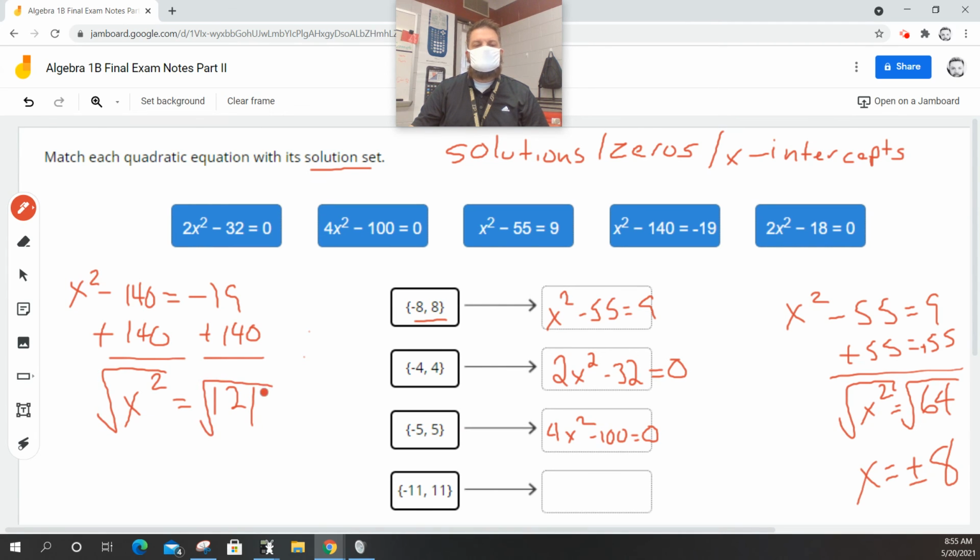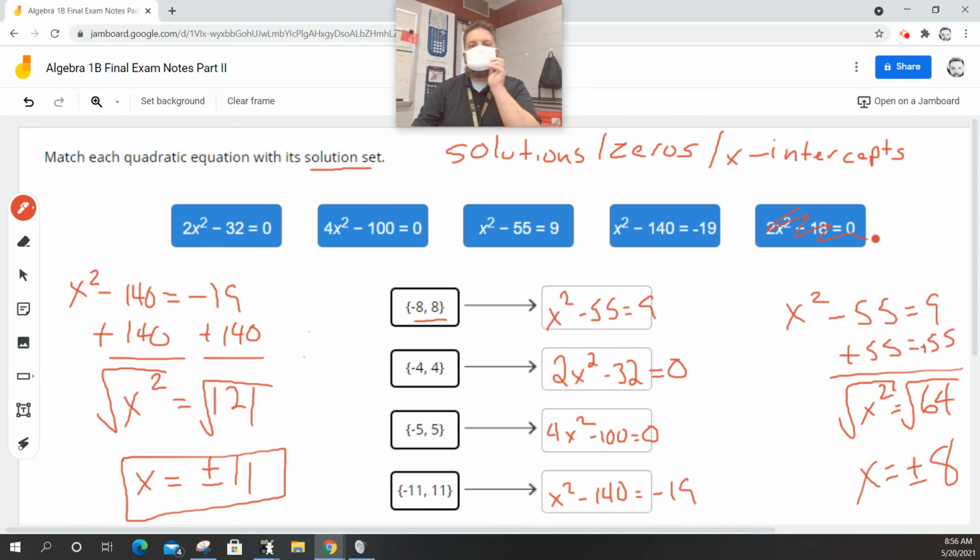What's the square root of 121? Does anybody know that off the top of their head? 11, yep. Plus or minus 11. So that's this one right here: x squared minus 140 equals -19. And this one, I guess we just don't use. That's just an extra one.